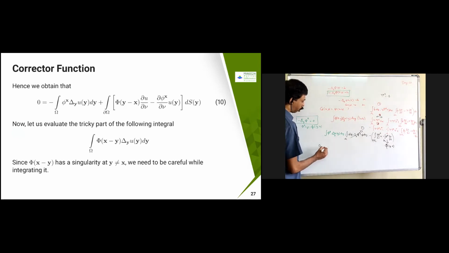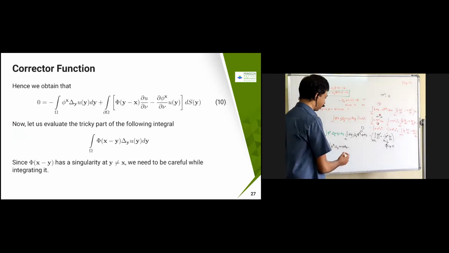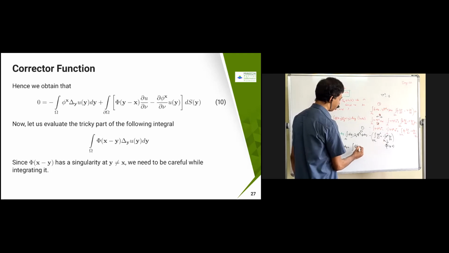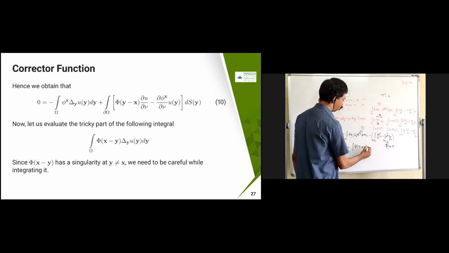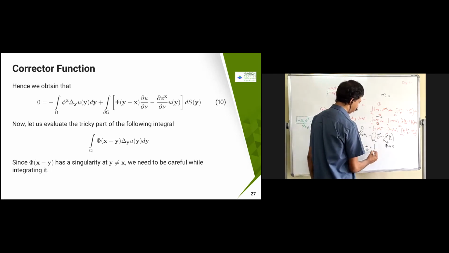So 0 equal to minus pi x delta y u of y dy, or I can put plus, plus integral pi of y minus x dou u by dou nu, minus integral over dou omega dou pi x by dou nu into u.